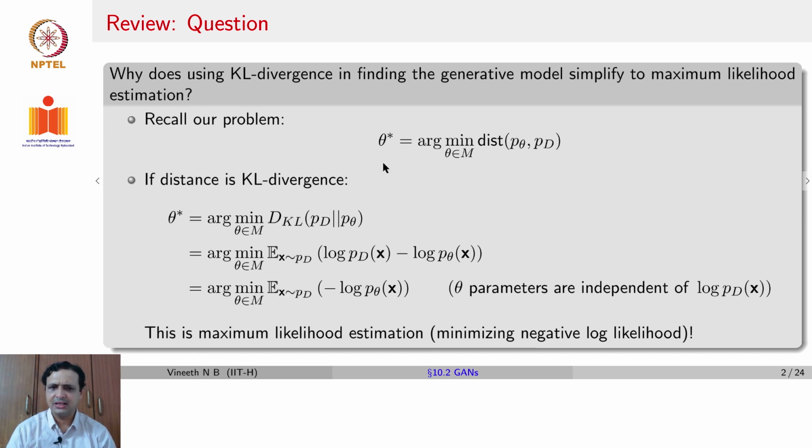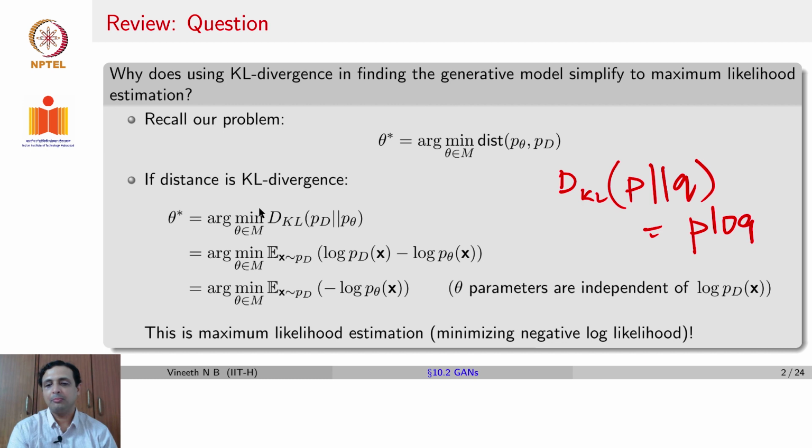If this distance is KL divergence, remember the definition of KL divergence: if you had two probability distributions P and Q, for simplicity, this is given by P log P by Q. That's the formal definition of KL divergence to recall. So in this case, you would have the KL divergence of PD and P theta.